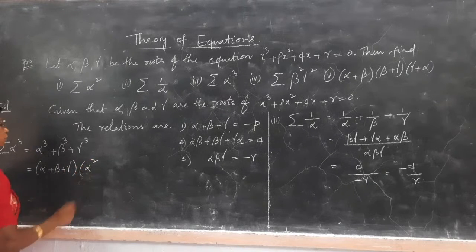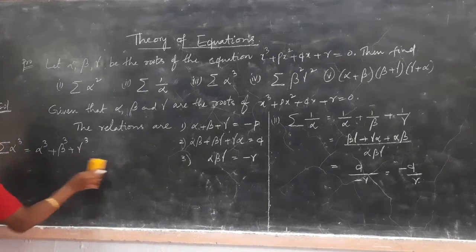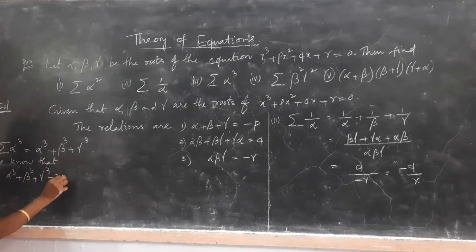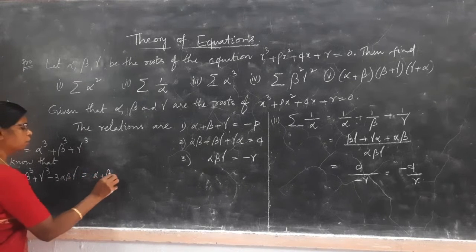So listen, we know that alpha cubed plus beta cubed plus gamma cubed minus 3 alpha beta gamma, like a cubed plus b cubed plus c cubed minus 3abc, is equal to the formula.